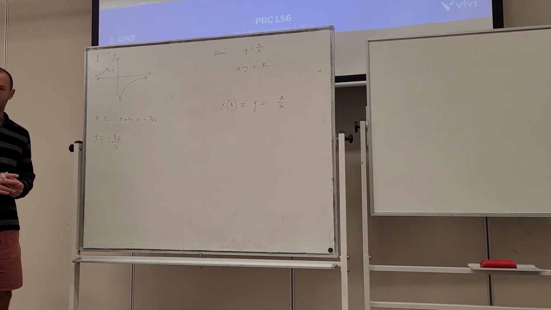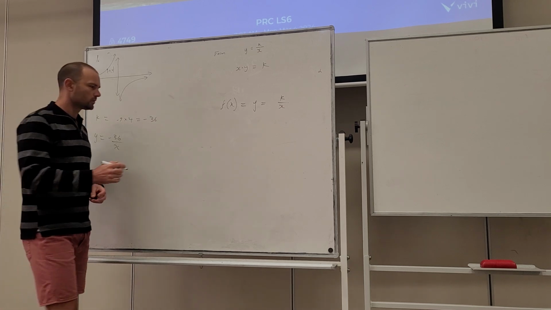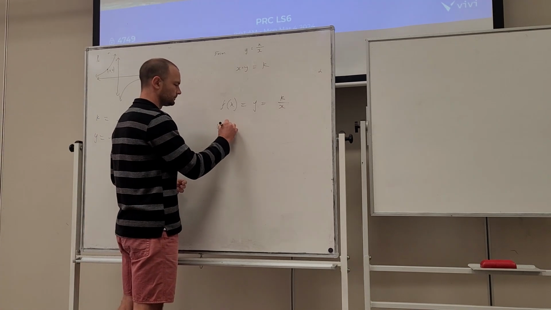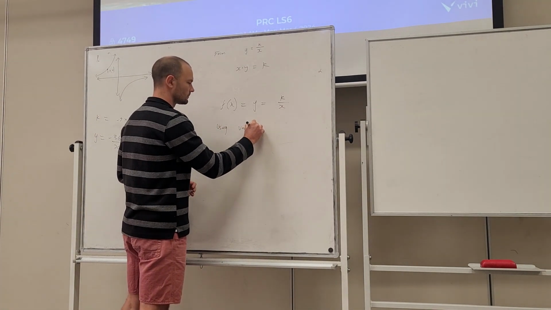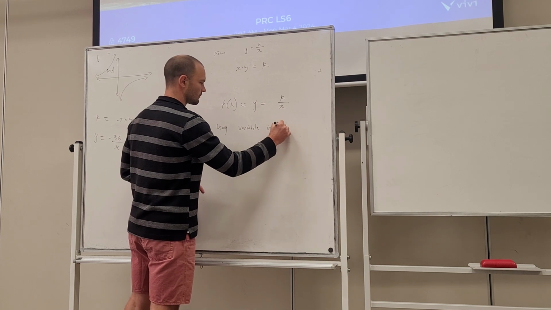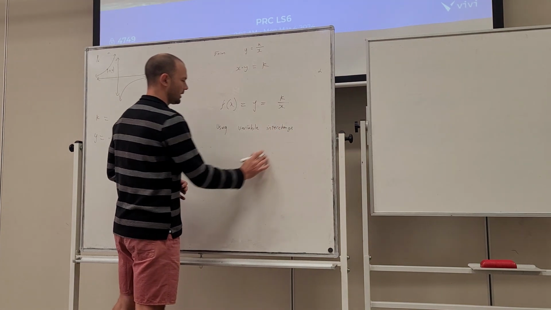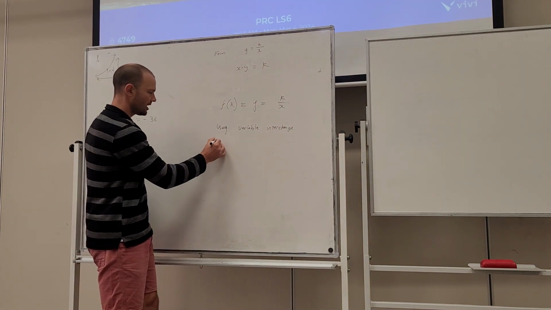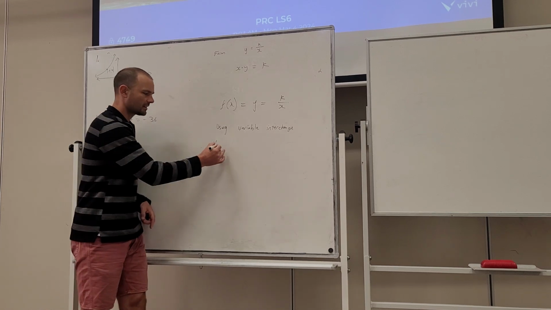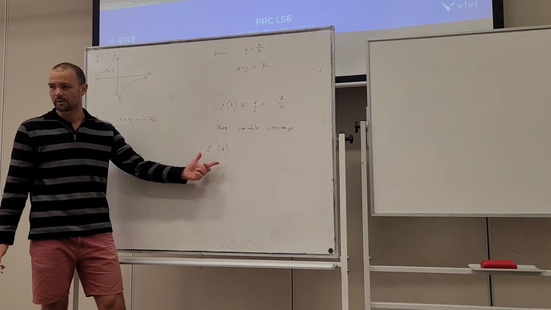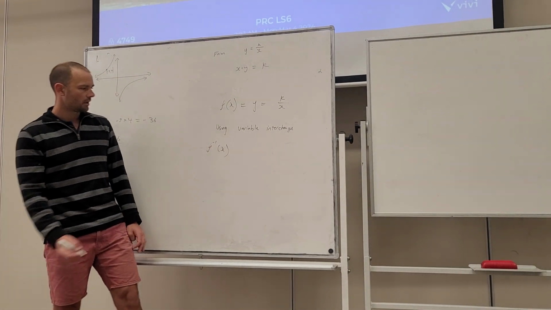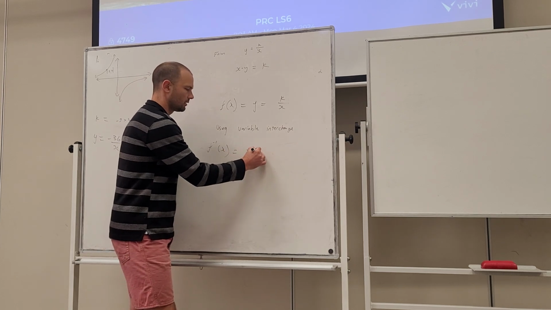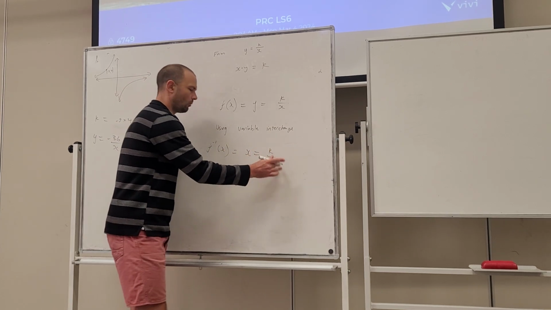Now, in order to find the inverse function, we're going to use variable interchange. So if we're using variable interchange, then f minus 1 of x, the inverse function, remember that's how we notate the inverse function, is going to equal x, which is equal to k on y.